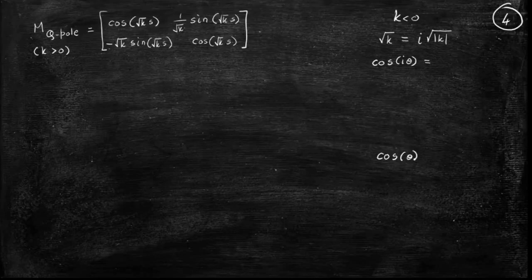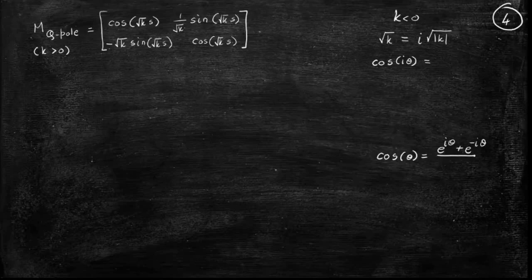Cos of theta can be written as e to the power I theta plus e to the power minus I theta upon 2. Everyone agrees with this? Yes, sir. Then now substitute, what is cos of I theta?